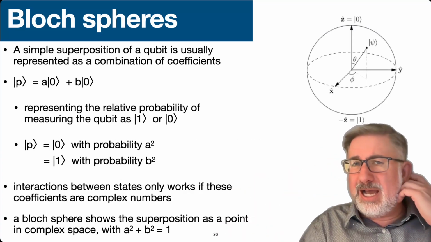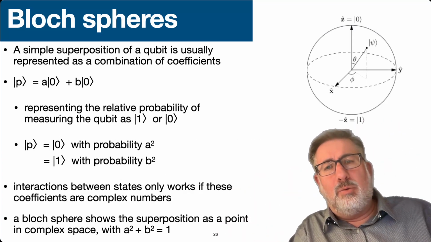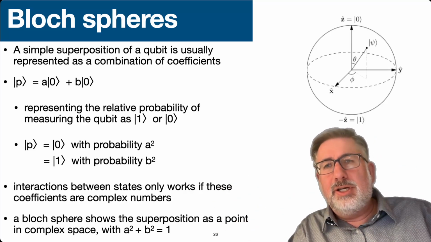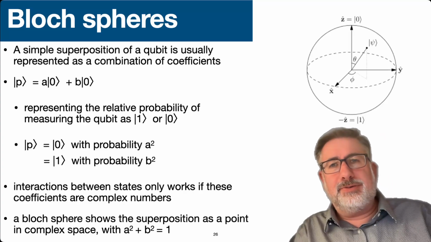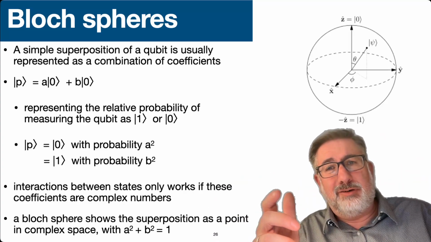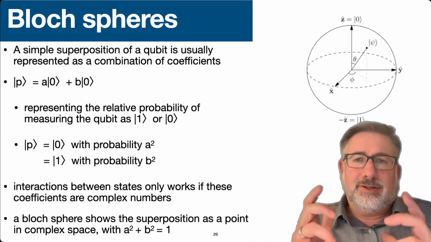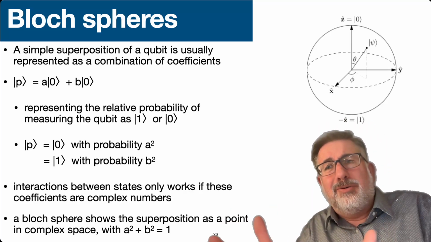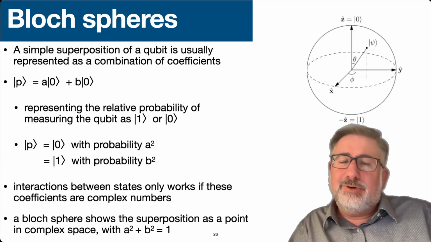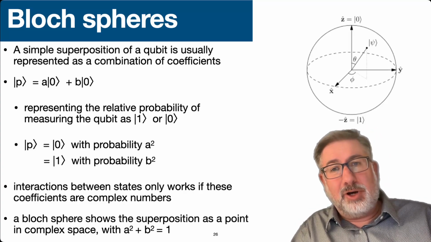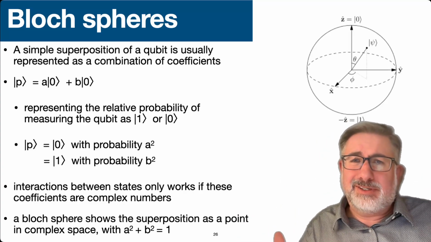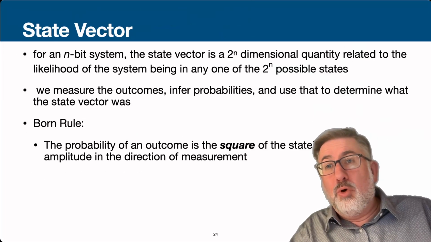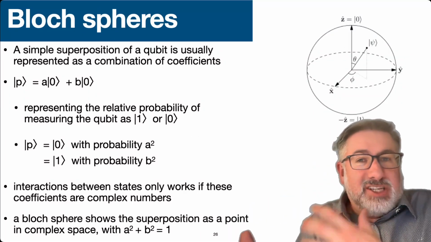Just a little bit more background, and then we'll actually get into it. One of the ways that we represent the underlying superposition is called a Bloch sphere. This is a representation of the likelihood that the bit is going to collapse into any one direction. It turns out that in order to accurately represent the superposition probabilities, we have to use complex numbers. And it's like the Born rule: this is the way it works.